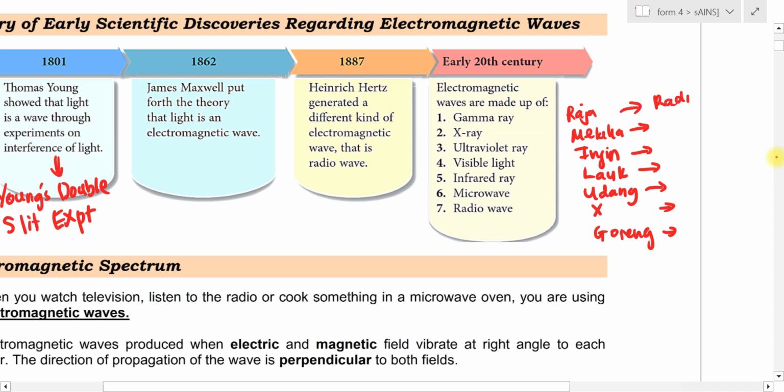Raja tu radio wave, microwave, and then infrared. Lepas tu kita ada light. Lepas tu kita ada ultraviolet. Lepas tu kita ada X-ray. Lepas tu kita ada gamma. Catat ni dulu.